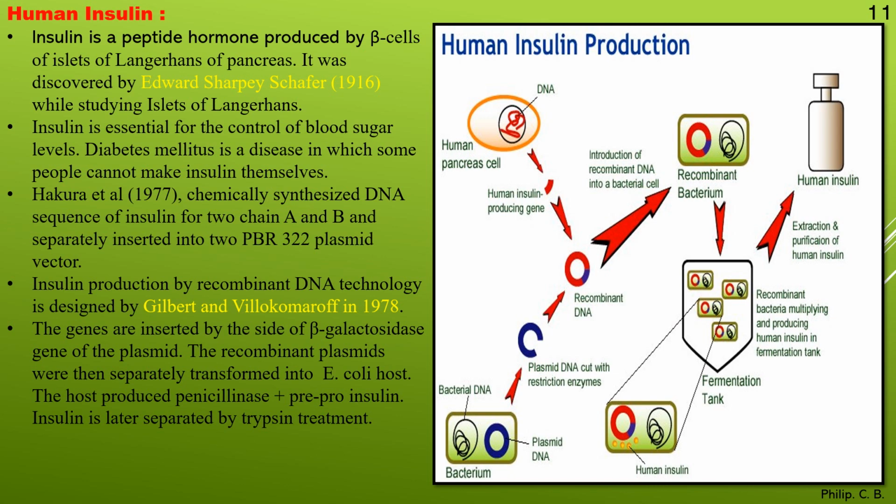Introduction of recombinant DNA into the bacterial cell or the host cell. Further, the recombinant bacterium multiplies and produces human insulin in the fermentation tank. And you can see how the insulin extraction and purification takes place, or production of human insulin is carried out. Okay.